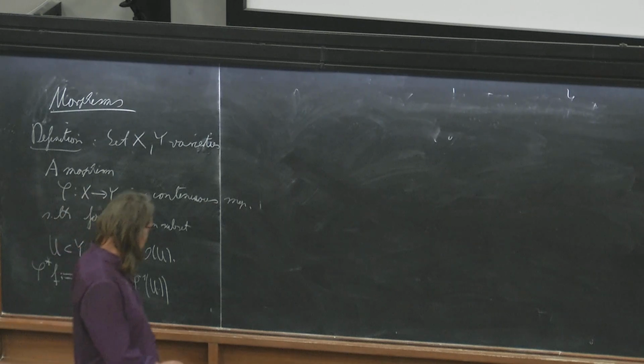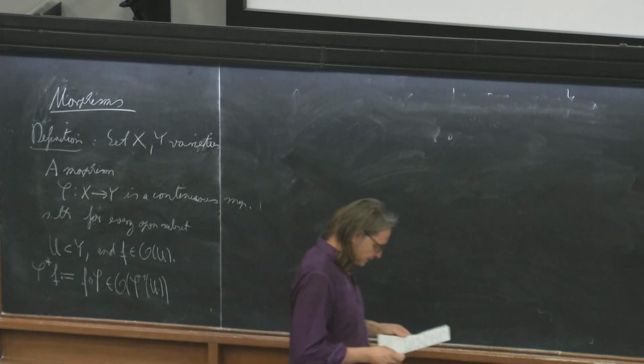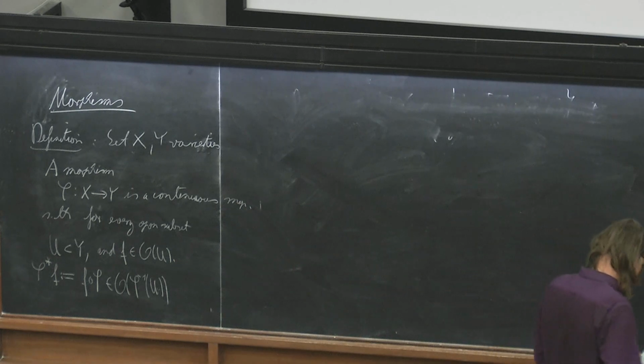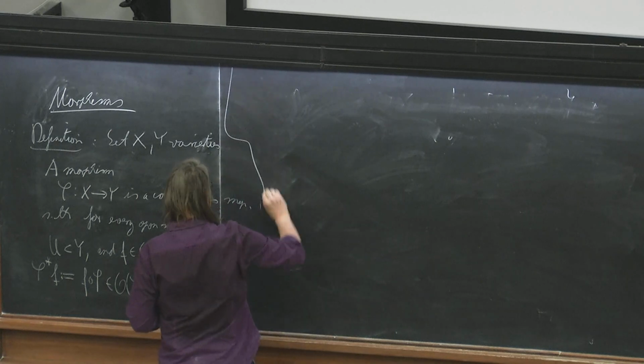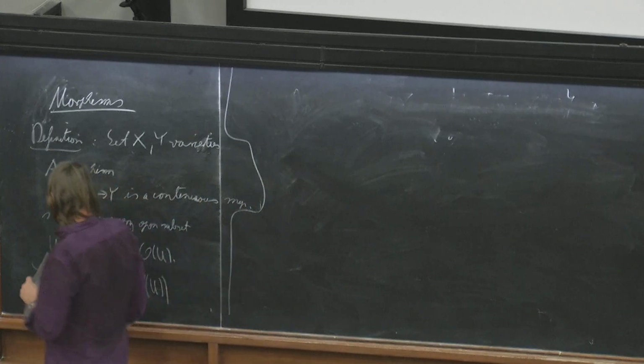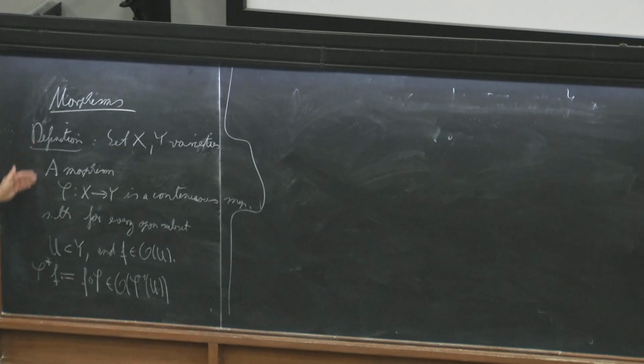Okay, so this is the definition. It's a little bit abstract, but we will see that one can also describe it more concretely, but it has the advantage of being one short definition which covers all the cases at once. And it also generalizes nicely if one looks at more general things like schemes and so on.